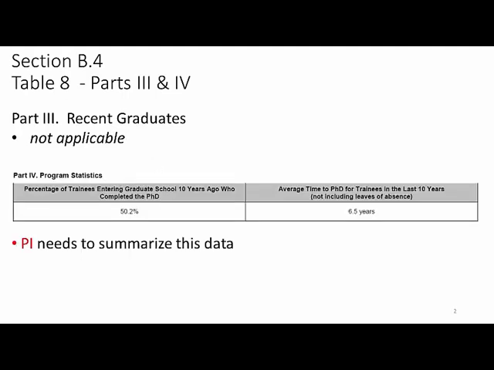Part 4 is program statistics, and this is where your PI needs to go in and summarize this data in a paragraph within this section. So it's nothing for you to do there, but you have to be able to give him all of that data for him to summarize. If you're not done with your data for Table 8 until the day of the deadline, he still needs to write that paragraph.